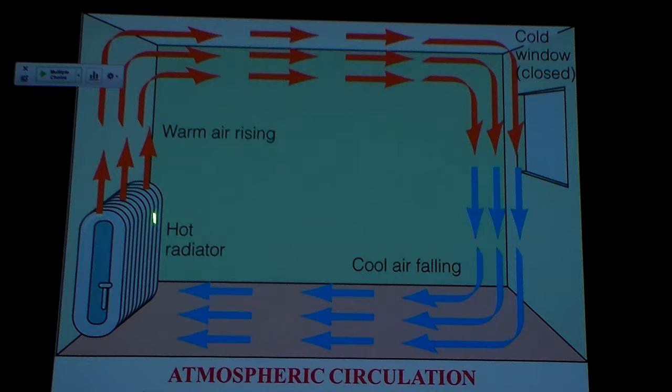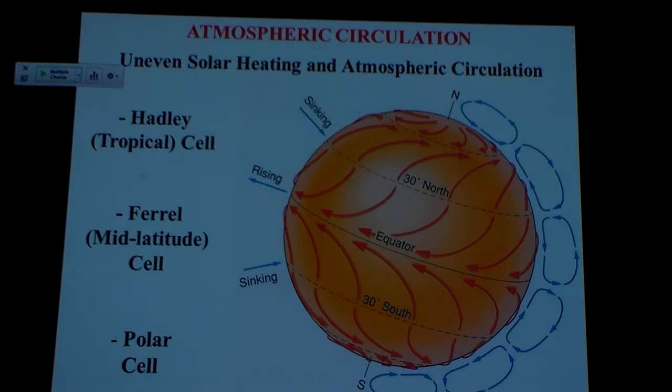Think of it as the radiator and the hot air rising, cooling, going along the ceiling, cooling off at the window, sinking, moving along the floor. Very effective way of moving heat and energy because I'm moving all the material and it's taking all the energy with it. It's not like conduction where I'm just touching a hot metal bar to a cold metal bar and that one little spot of contact is transferring energy. Here, everything's moving. So this is a very effective way of doing it.